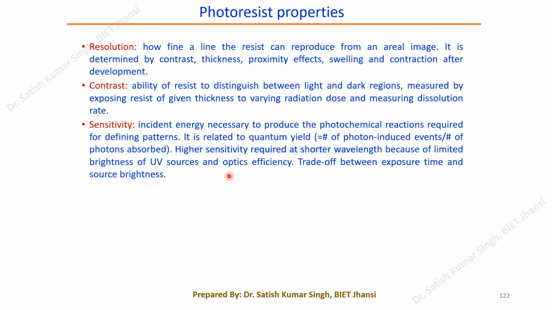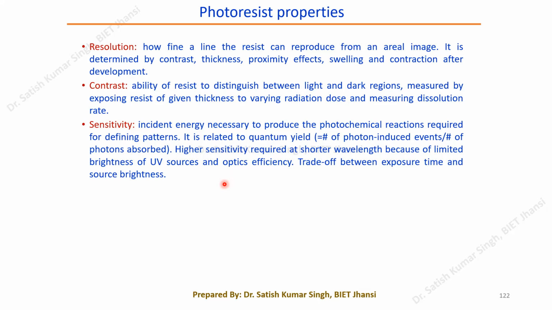If it requires very high energy, obviously either you need a very bright source of light, or you have to increase the exposure time. If you increase the exposure time, the rate of production of wafers will be very low, which is called the throughput.